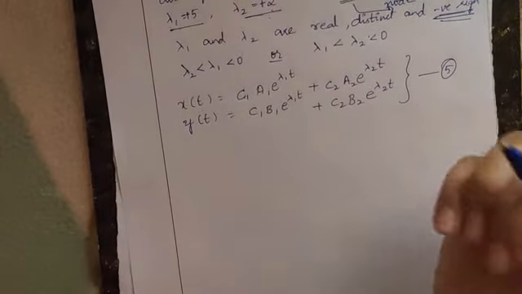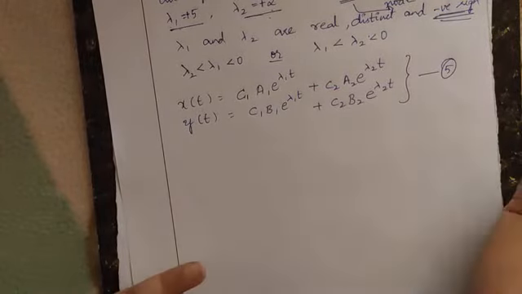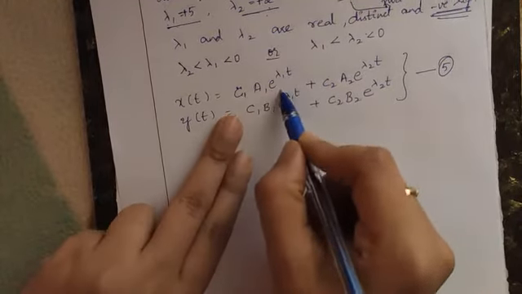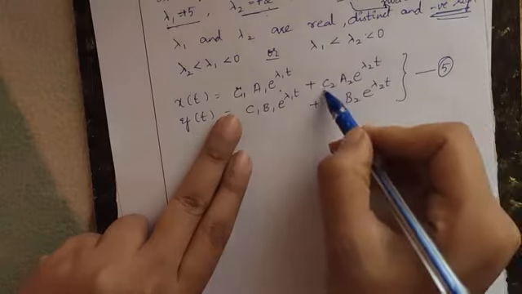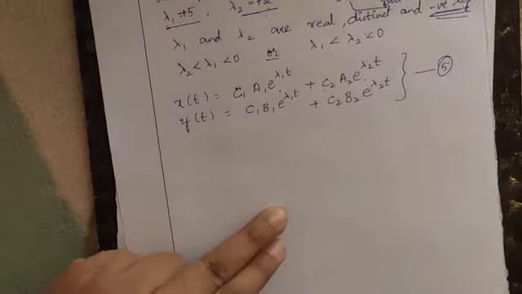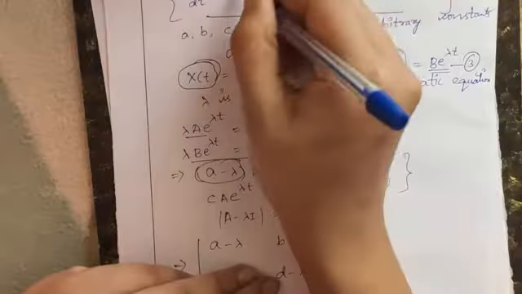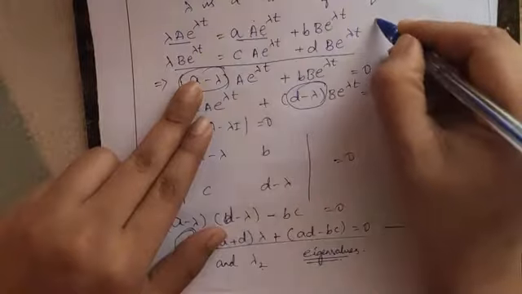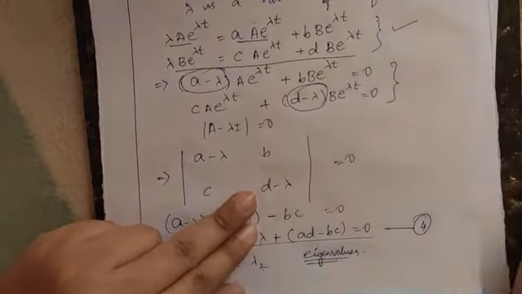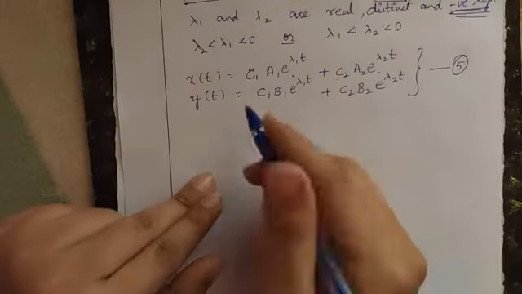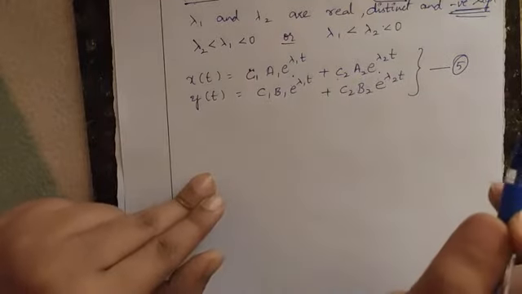We know that if we get two eigenvalues, obviously the solution will be some constant into e power lambda 1t plus some constant into e power lambda 2t, right? So we have constants here also, you can observe this equation. From this we can write in this way.